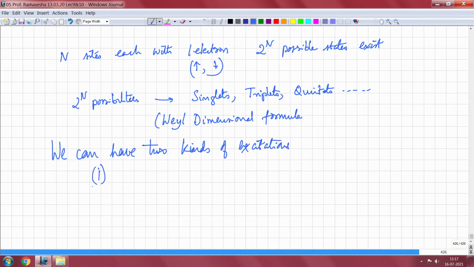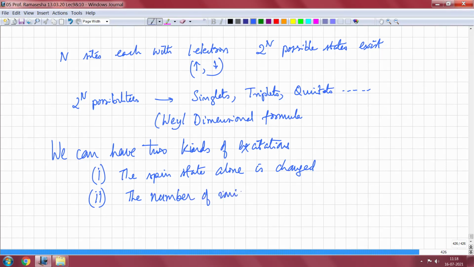One is where the spin state alone is changed, and the second one, where the charge, the number of ionic states also changes together with spin state.